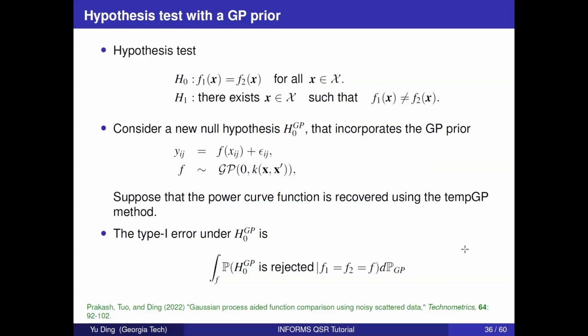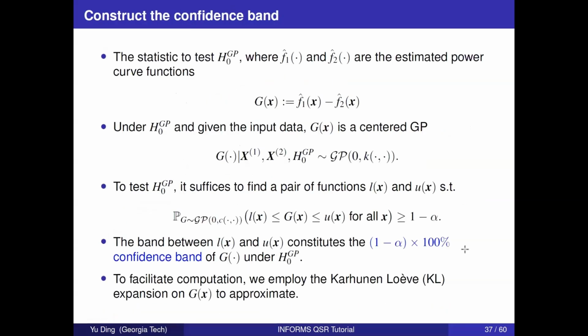Of course, we assume it's a Gaussian distribution, and if you accept that assumption, the result is reasonably good, right? I think the audience is all very familiar with the Gaussian distribution setup. This is a hypothesis test with a Gaussian process prior, and then eventually we construct this probability region, which we call the confidence band, with 1 minus alpha confidence level.